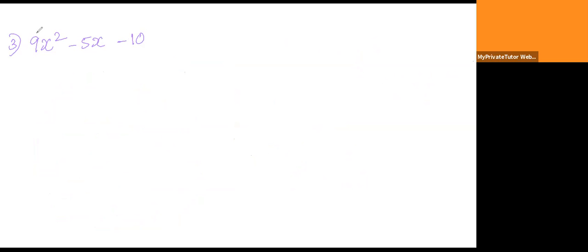It's not 1 actually. So we are going to multiply these two numbers. So 9 times minus 10, which is minus 90. And just think of the factors of minus 90.